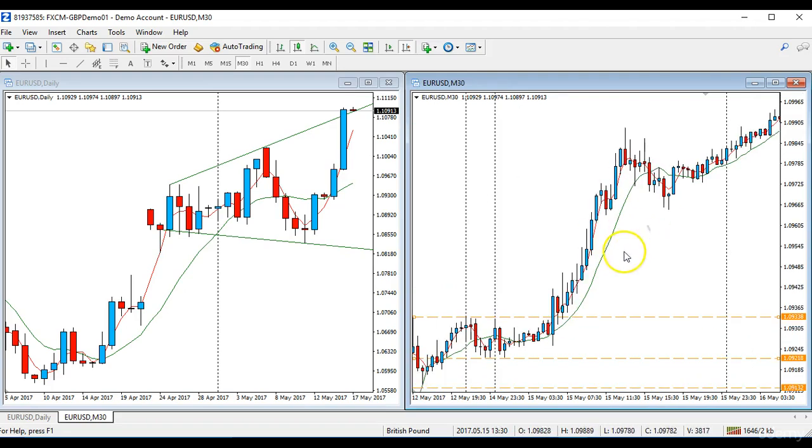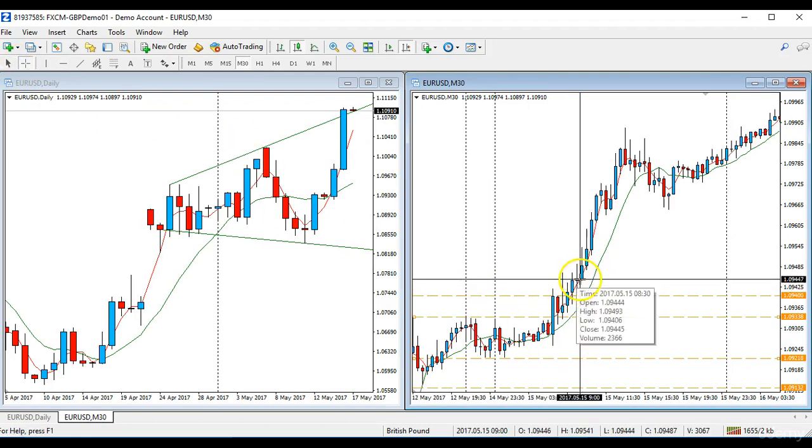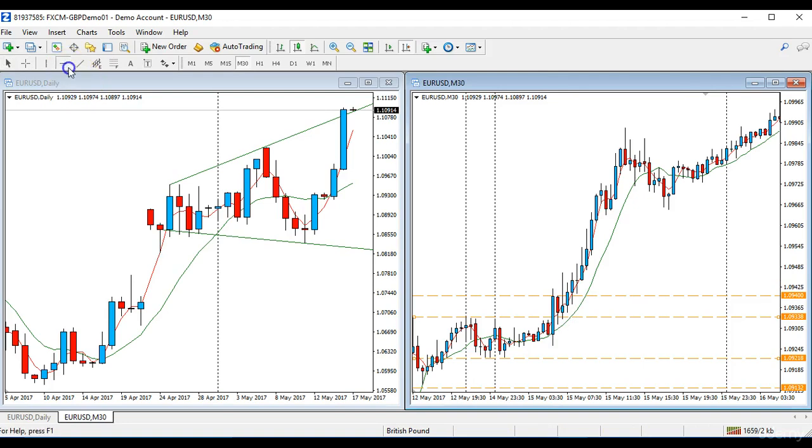And what you can do is, let's say for example we had an entry over here. Let's say that was our entry. Then what this does is it gives us an entry. Let's say we entered here and we had a stop loss below a previous level, or below two previous levels of support here.